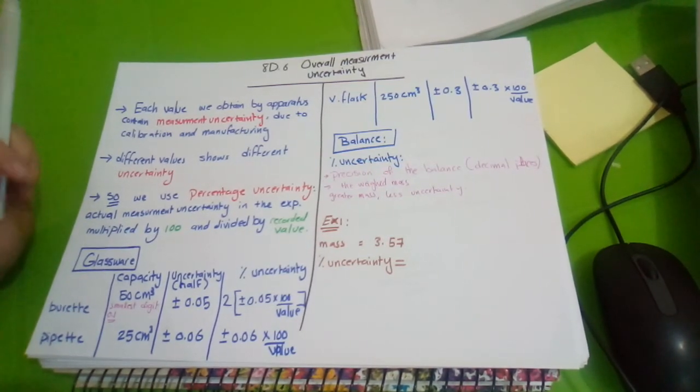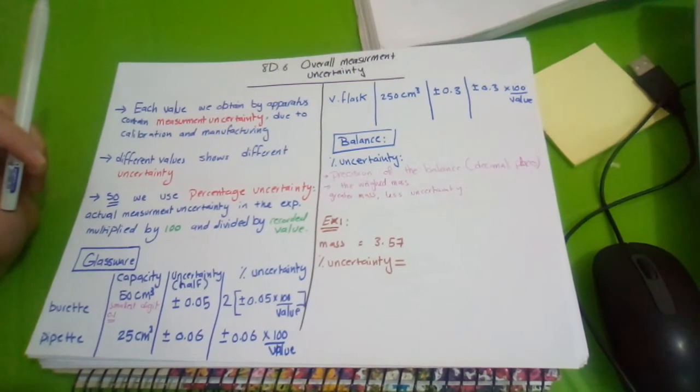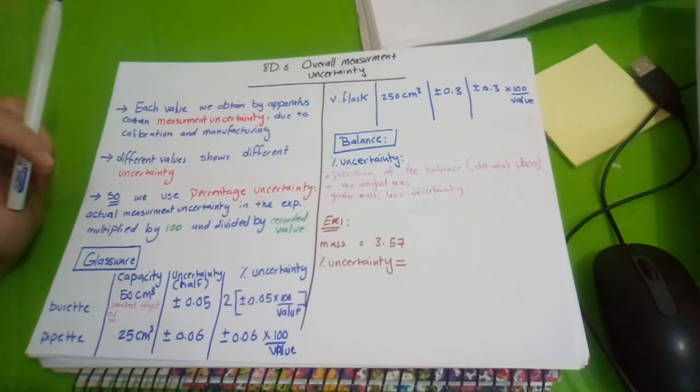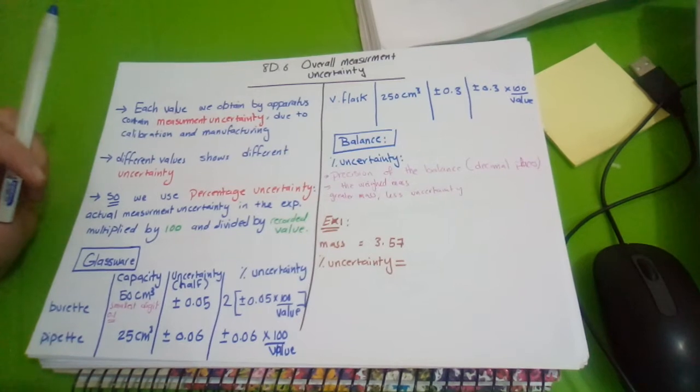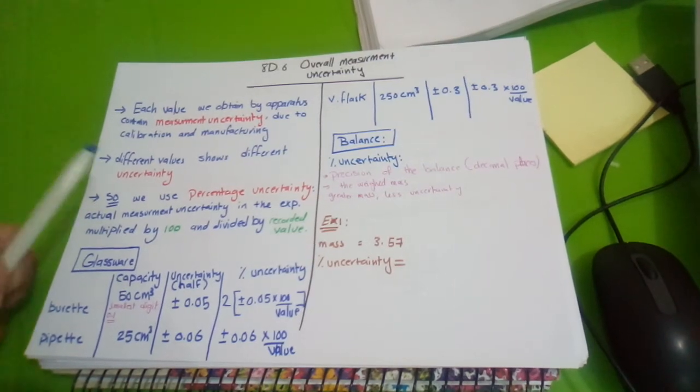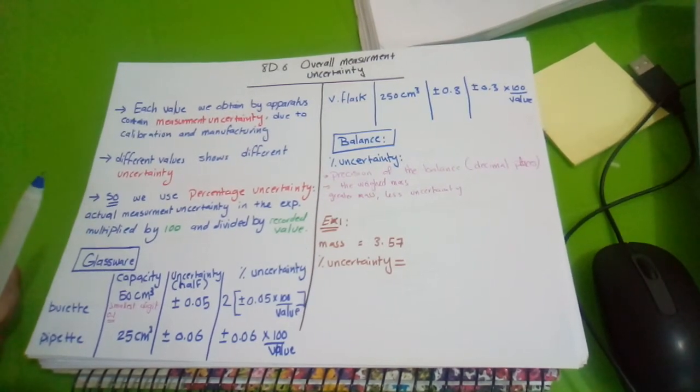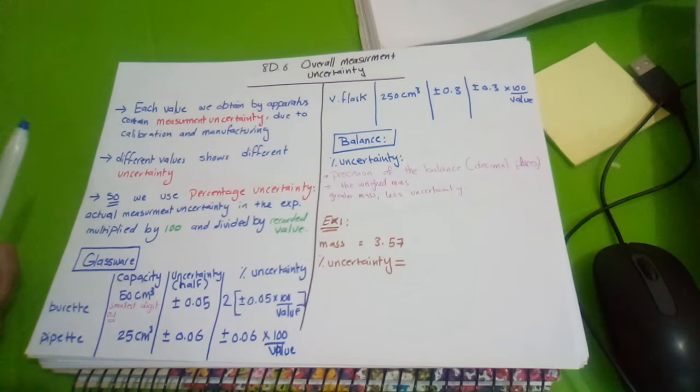Okay, but the uncertainty is not fixed according to the apparatus we are using. It's different according to the values we are measuring. So instead of using measurement uncertainty all the time, we use percentage uncertainty.